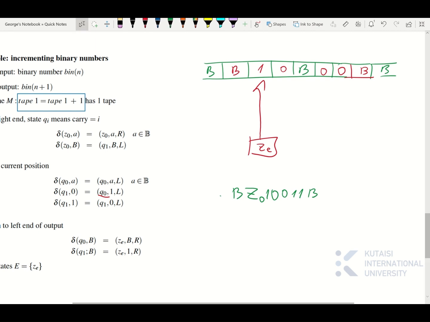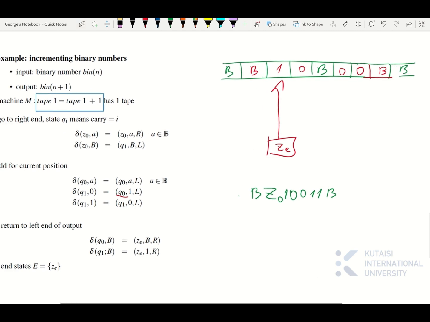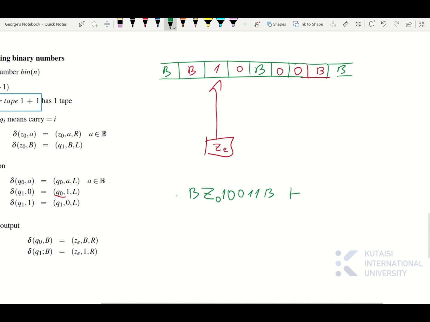The next configuration was, recall, so it stayed in Z0. What was the next configuration? Blank 1 Z0 0 0 1 1 blank, right?